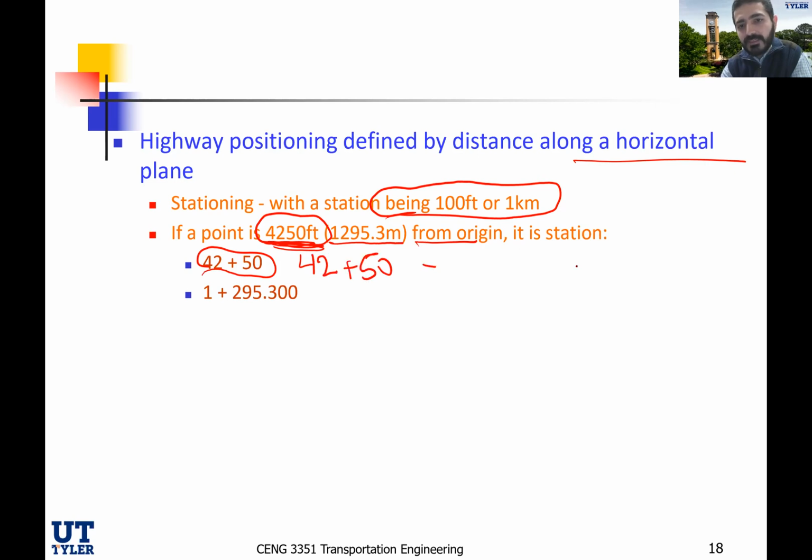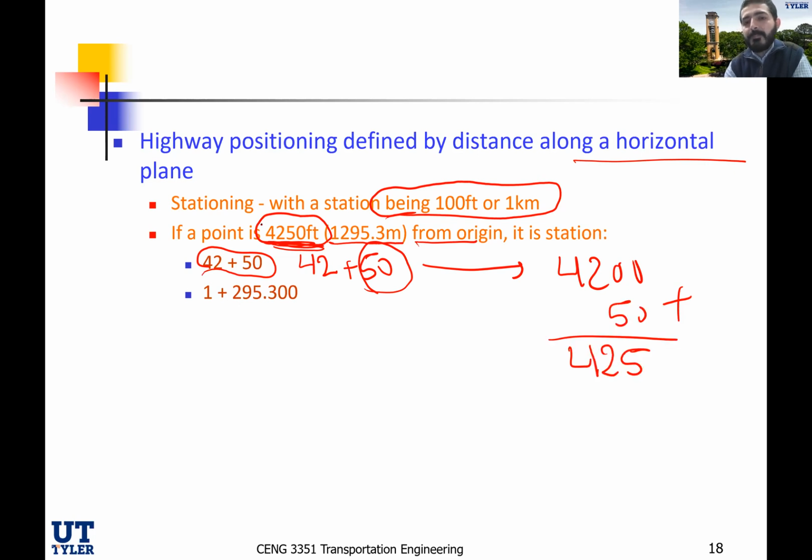What does that mean? It's actually 4,200 plus, and after the plus is the rest of the feet, which is 50. And that's why it's 4,250. So that explains this for you. Every station is 100 feet. So when I'm saying 4,250 feet, it is actually 42 stations.